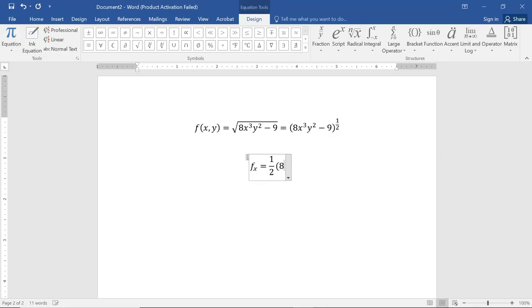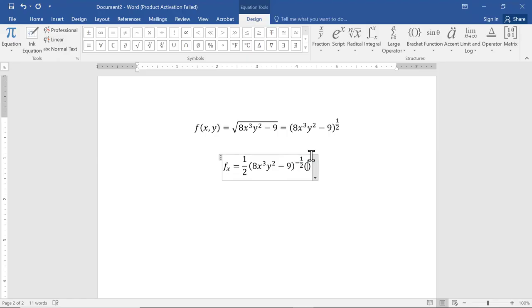I'm going to multiply times that inside function. Now that inside function is not going to be raised to the 1/2 power, but to the negative 1/2 power, because that's 1/2 minus 1. And then I need to multiply times the derivative of the inside function.